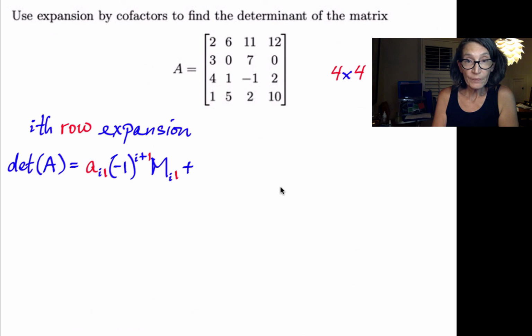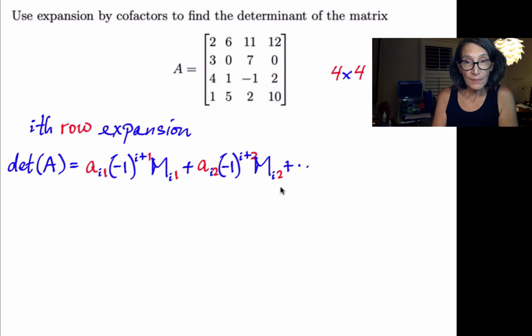Then the second term is a_i2, the second entry in the ith row, times either positive or negative 1, so it's negative 1 raised to the i plus 2, times the i2 minor. That's the determinant of the submatrix that you would get by deleting the ith row and the second column from the big matrix.